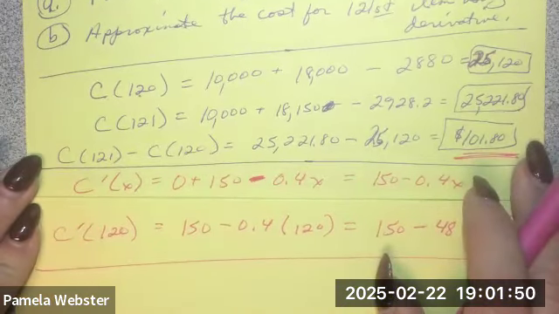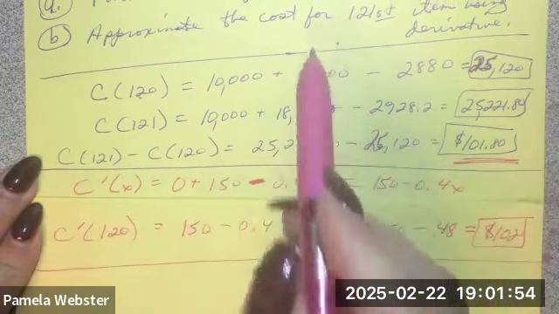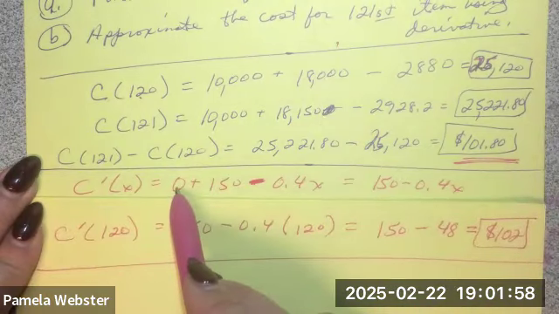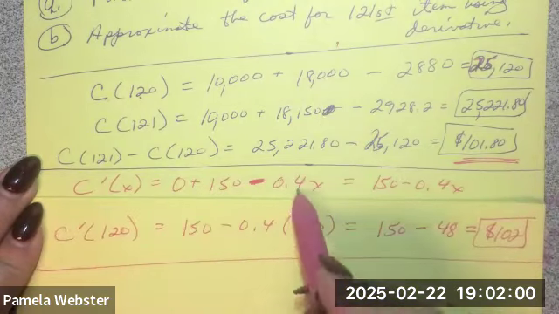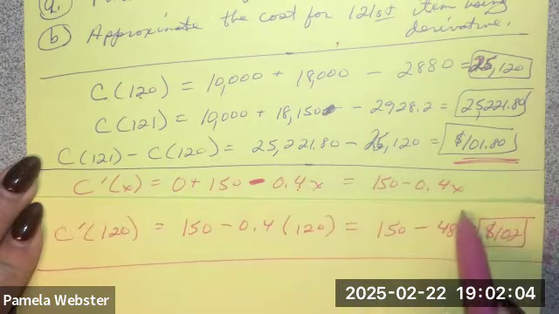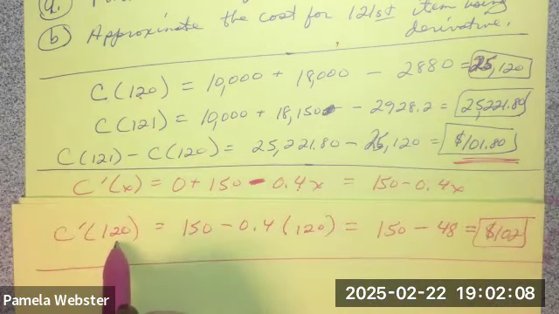Doing it the other way, approximating it using the derivative, I found the derivative. Here it is. The derivative of 10,000 is 0, then 150, minus 0.4x. So this is what I have for my derivative, and then I stuck in 120.